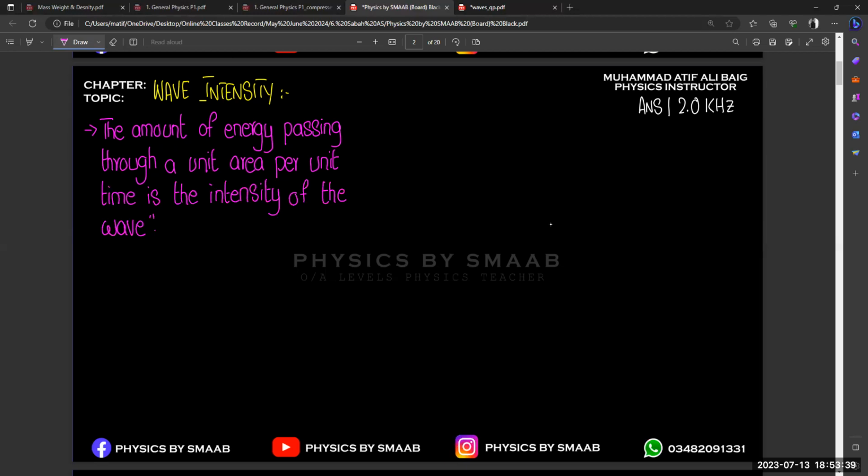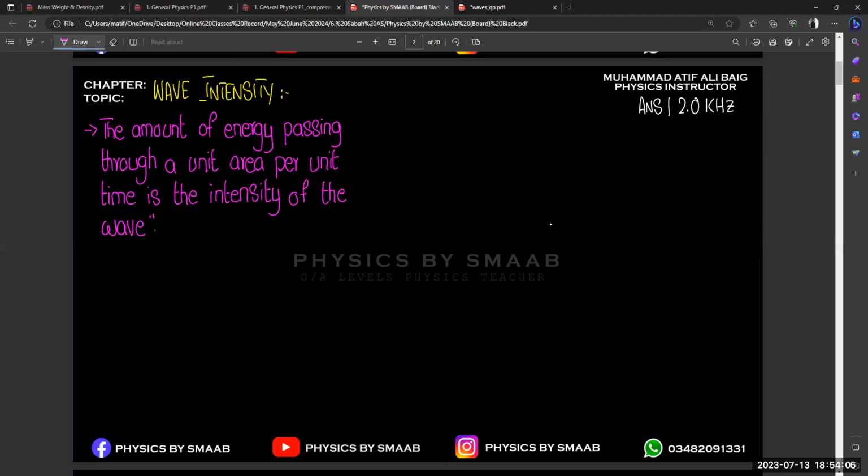No confusion. Okay, so the most important thing is that this definition is per unit area and per unit time. First, if we consider energy per unit time, or work done per unit time, the rate of doing work, what is it equal to?